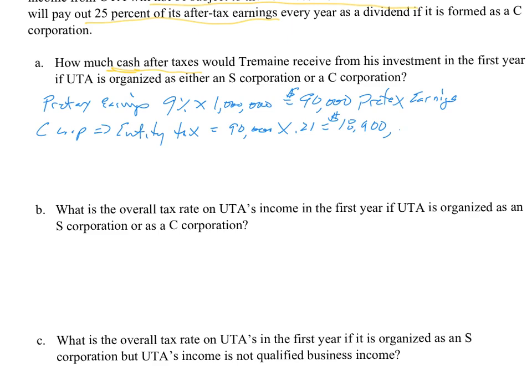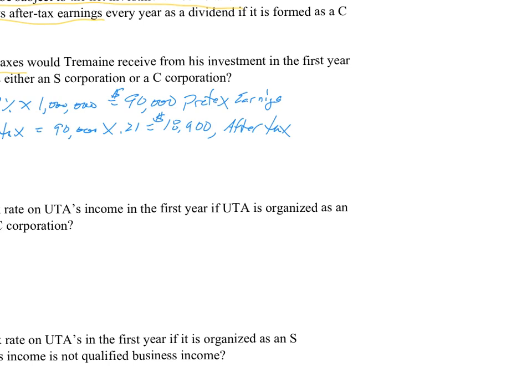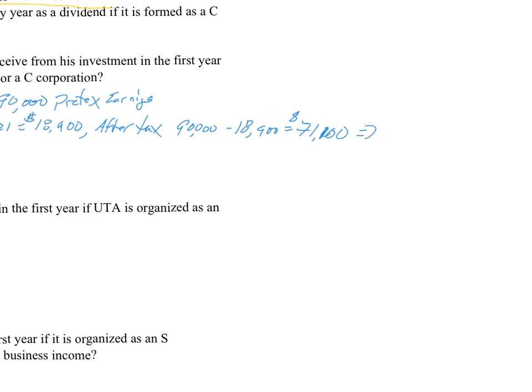So after-tax earnings, and so that $71,100 is entity after-tax earnings. Okay, so that's what the C corporation has after taxes.